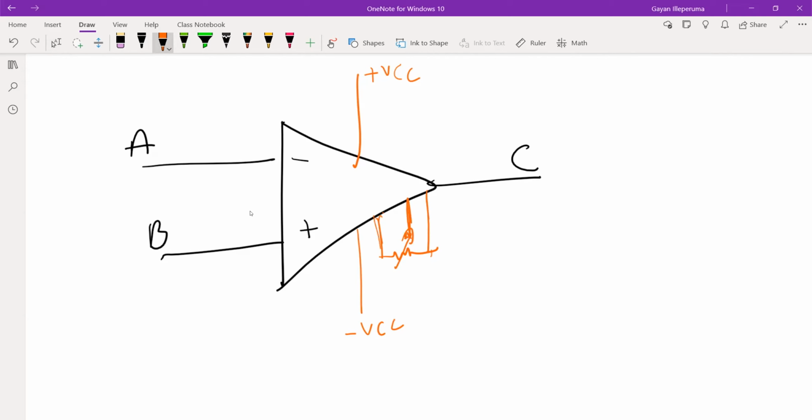This is only there if you want a very fine behavior of the op-amp. If it's like a calibration, center point adjustment, right? If you want to make sure the output is 0 when both of them are exactly 0, then you can use the offset null. But the things in the orange are not essential. In your circuit design, they are not essential. Usually you can get away with the rest of the things. Right.